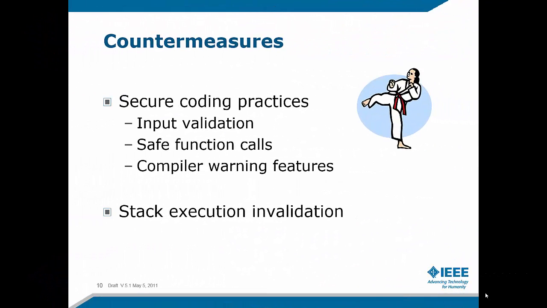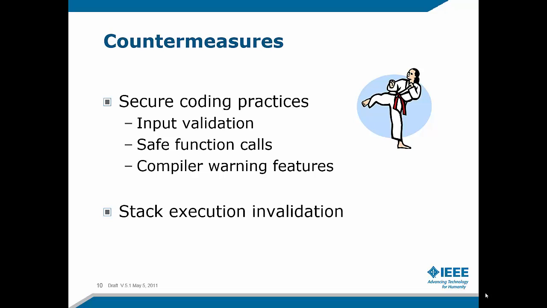To avoid this type of undesirable situation, we can use some countermeasures. Of course, the best thing is always prevention, and I recommend you use secure coding practice when you write your code. Some of these secure coding practices include things such as input validation, using safe function calls, and enabling compiler warning features and paying attention to them.